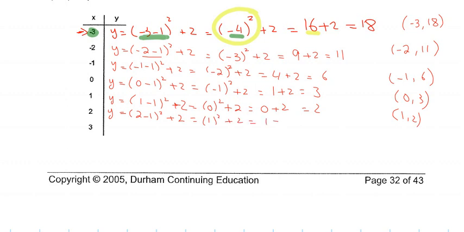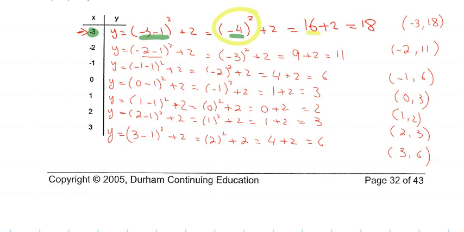Plus 2, that's 3. And last but not least, I'm going to put 3 in for x. 3 minus 1, that's 2. 2 squared, that's 4. Add 2 is 6. So you see that I have multiple points right now that I can actually use and graph.